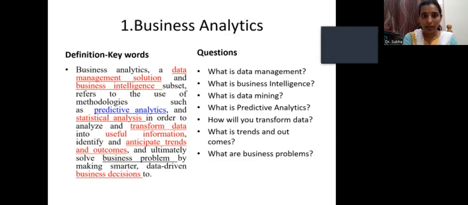You should analyze the data in order to get some useful information. Through that useful information, you can finally identify or predict some of the trends and outcomes of your business activities.